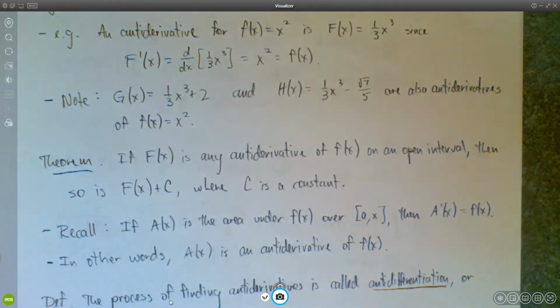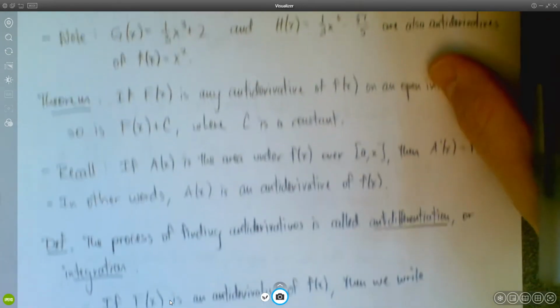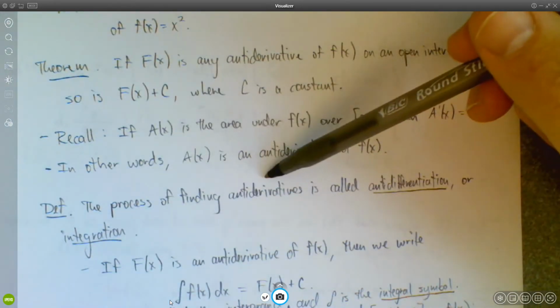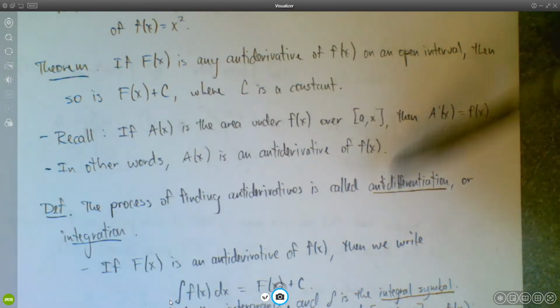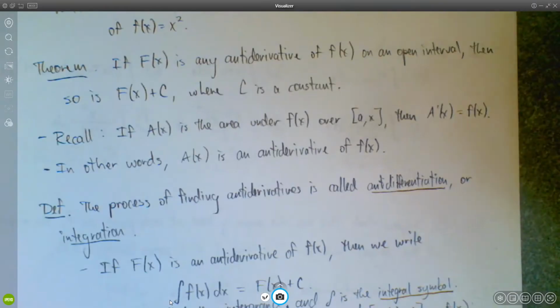So if we can get really good at finding antiderivatives, then solving area problems is going to be really pretty easy. The process of finding antiderivatives is called antidifferentiation, or a much more common term is integration.